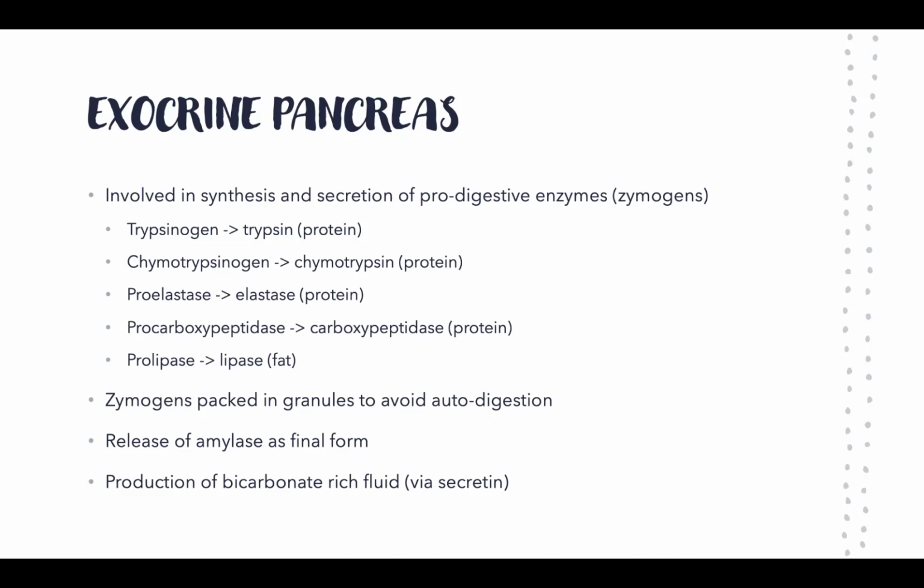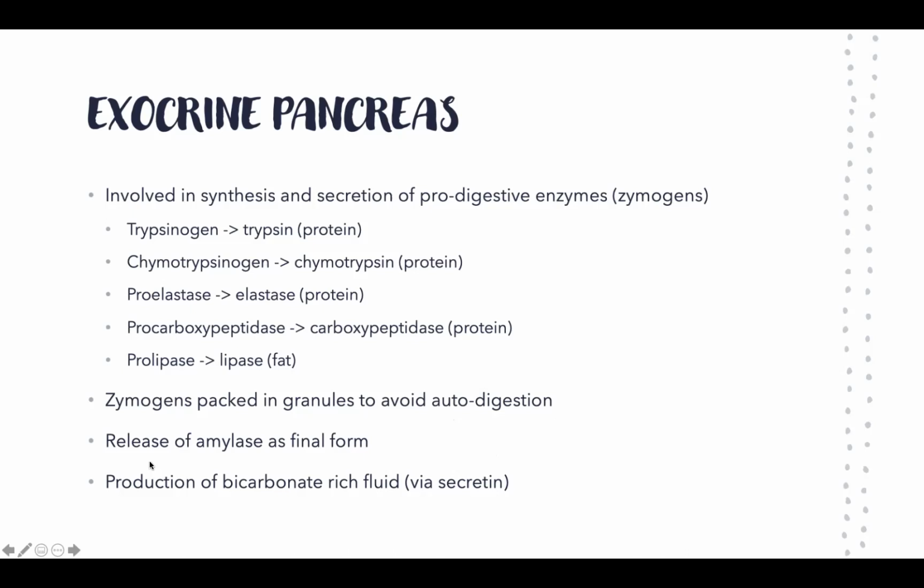Zymogens are packed in granules to avoid autodigestion. So it's really important that these enzymes are packaged and transported carefully from the pancreas into the gut, because we don't want the enzymes activating and attacking and digesting the pancreas, which is the term autodigestion.